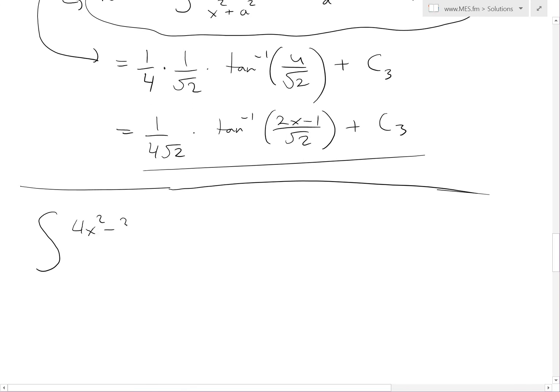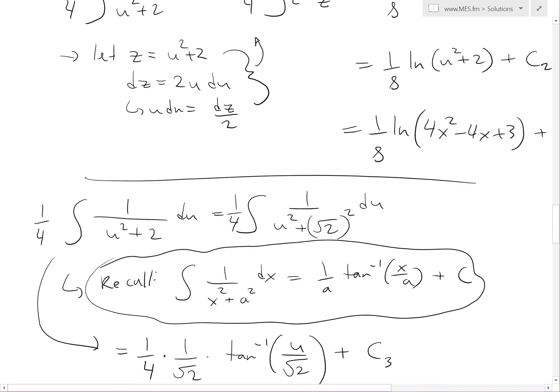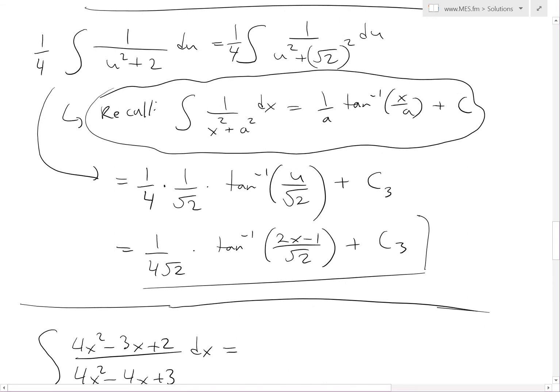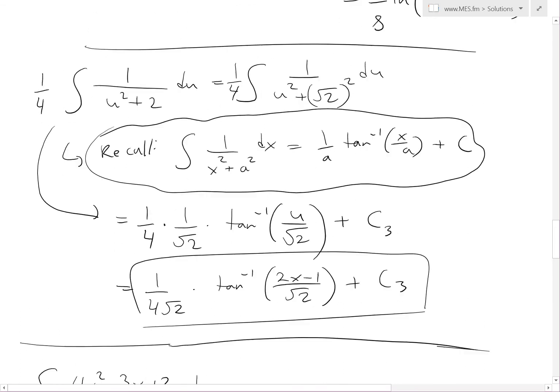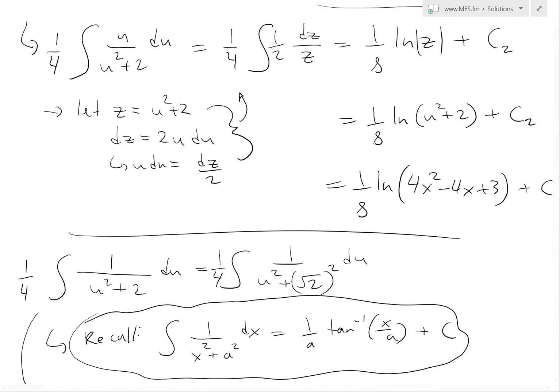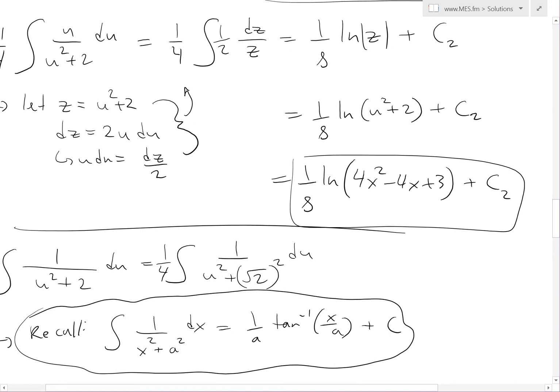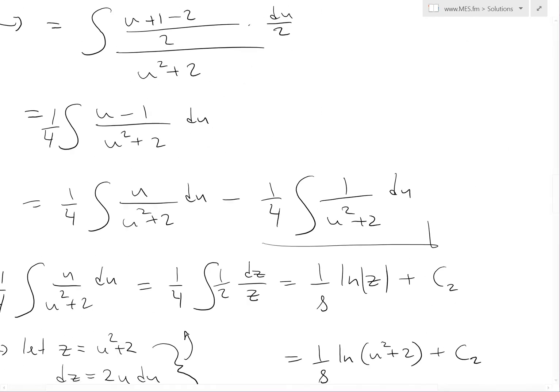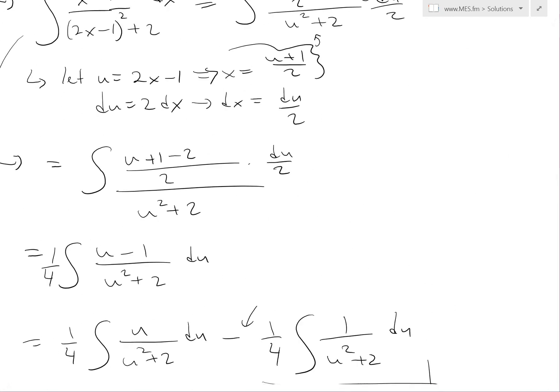So we get now the integral of (4x minus 3x plus 2) over (4x squared minus 4x plus 3) dx. This equals, scrolling up, well, this is the third term, and then this is the second term right here, and then the first term.